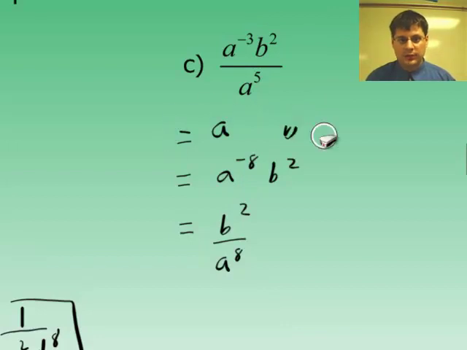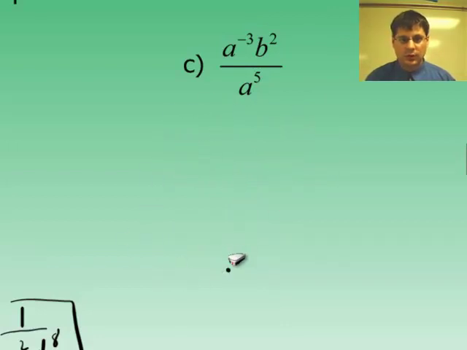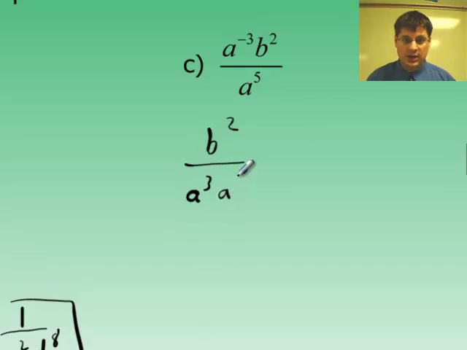A different way to view it would be to say, okay, well, I can evaluate the negative first instead of the division first. So I have b squared, and then I'm going to have a cubed, and then a to the 5th.